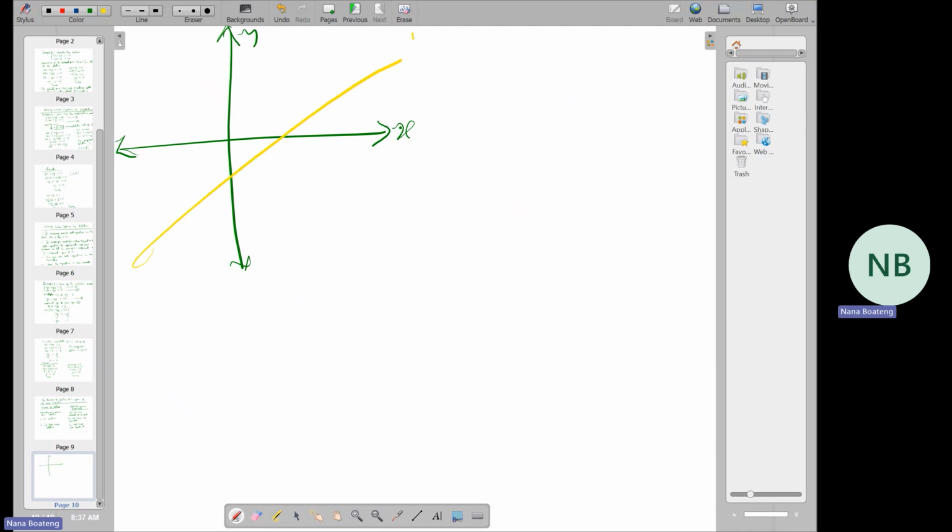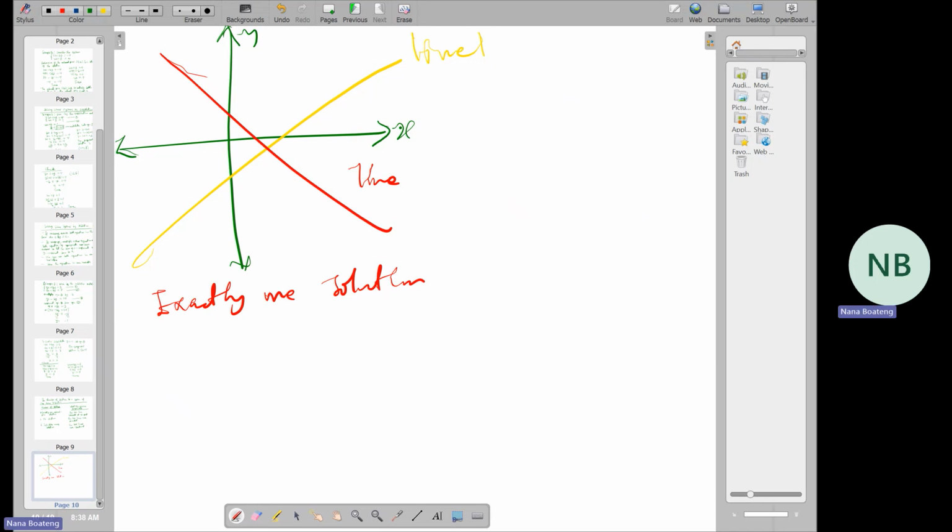This is line 1, and this is line 2. They intersect at some point. If the system has exactly one solution, graphically, this is how it looks. It means the two lines intersect with each other.